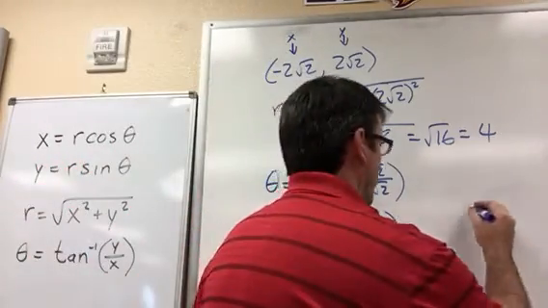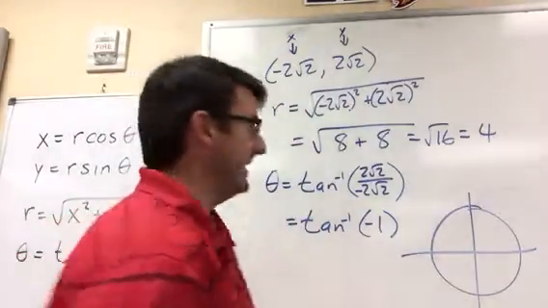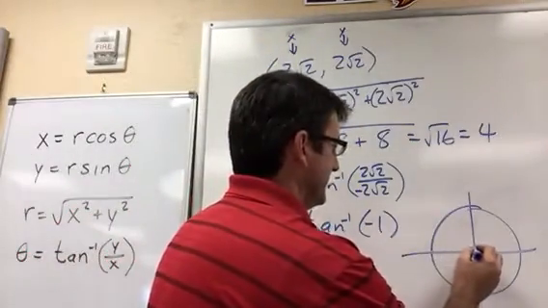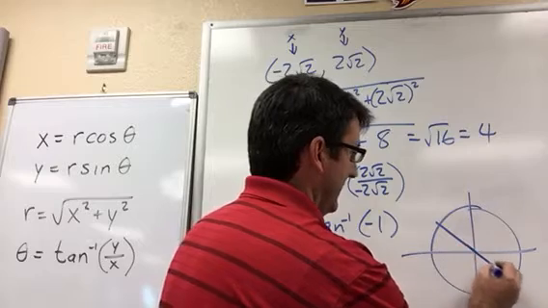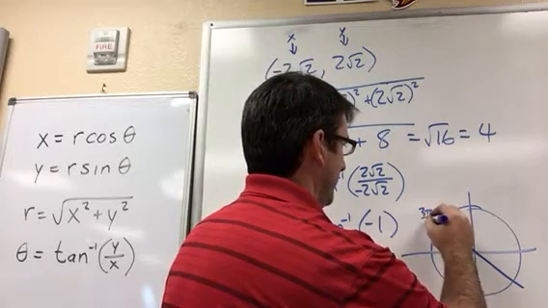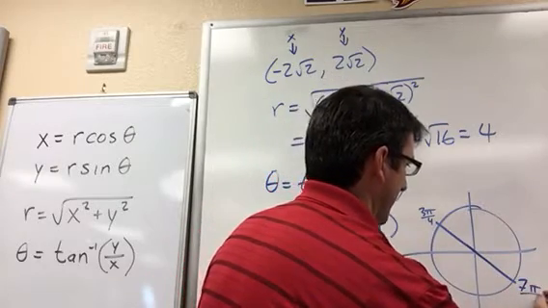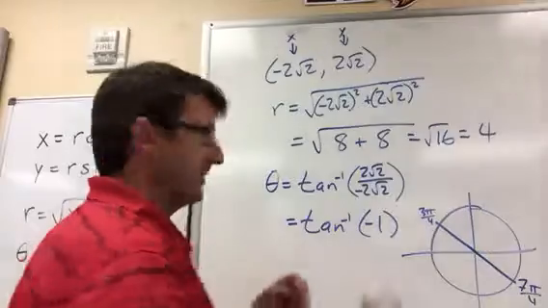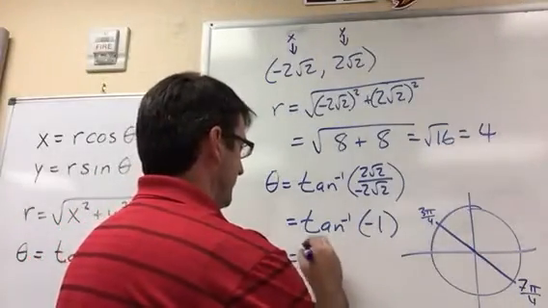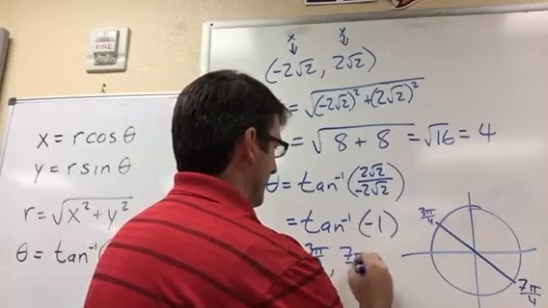And then if we look on our unit circle, negative 1, the tangent is going to be negative 1 out here and down here. This angle is 3 pi over 4, and this angle down here would be 7 pi over 4. So the inverse tangent of negative 1 is 3 pi over 4 or 7 pi over 4.